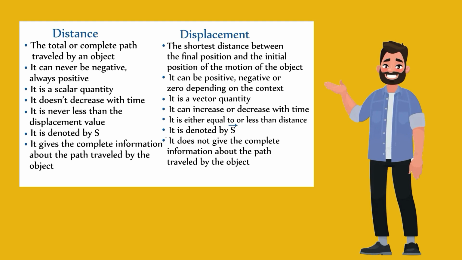Distance is denoted by capital letter S, while displacement is usually denoted by capital letter S with an arrow on its head to show it's a vector quantity. And the other difference is that distance gives the complete information about the path traveled by the object, while displacement does not give the complete information about the path traveled by the given object.